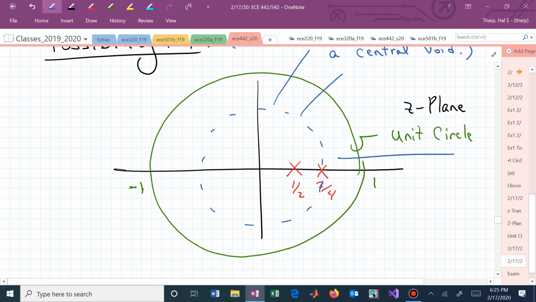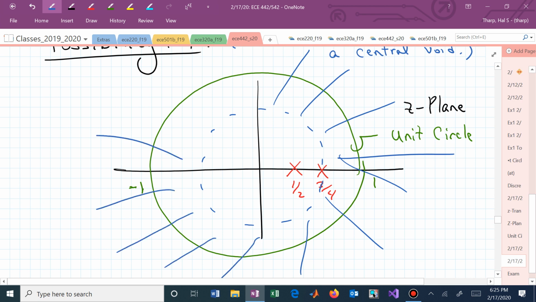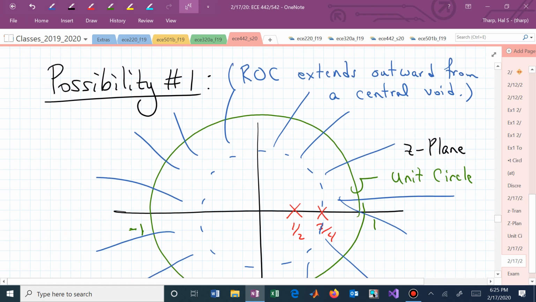The central void has a radius of 3/4. There's possibility number one. I have two poles, and in all three of these cases, they're always going to be at 1/2 and 3/4. And I'm now going to draw three different possible regions of convergence for those two poles. Here's the first one. Possibility number one.